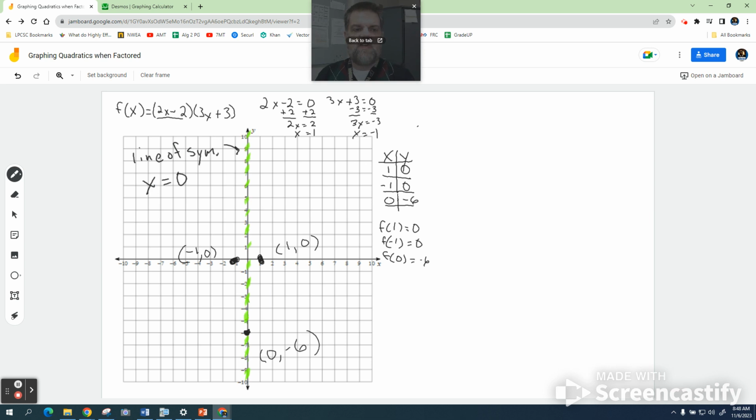So then if I want to finish this, I want to get a point somewhere up here to get a good idea. So what value do you guys want to plug in for x, if you were guessing? -3. Let's try it first before we graph it.